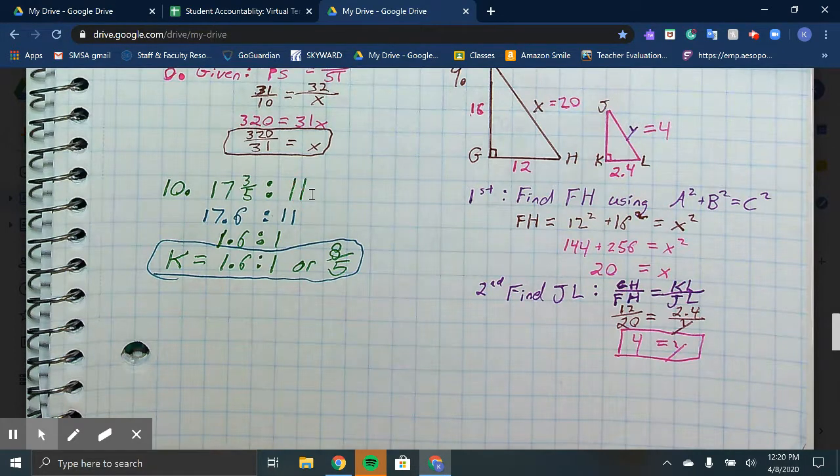So to find my scale factor, I want to do my 17.6 divided by 11. That means my scale factor is 1.6 to 1. So k equals 1.6 to 1, or that's also 8 over 5. 1.6 is the same as 8/5.